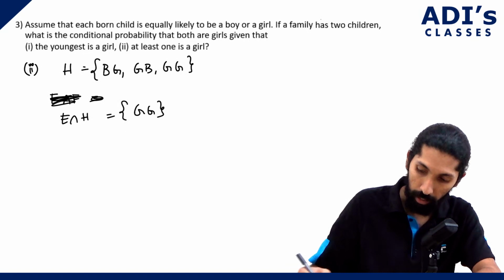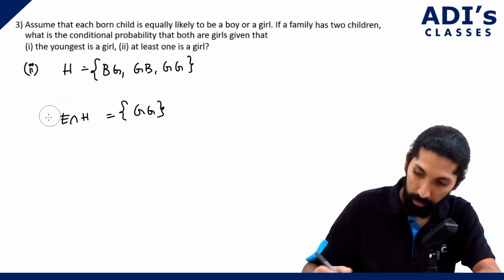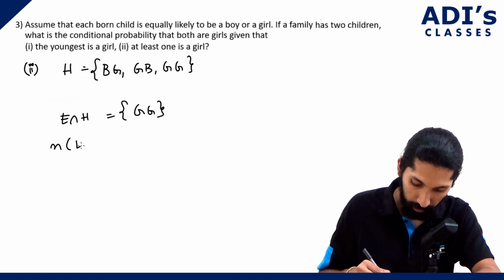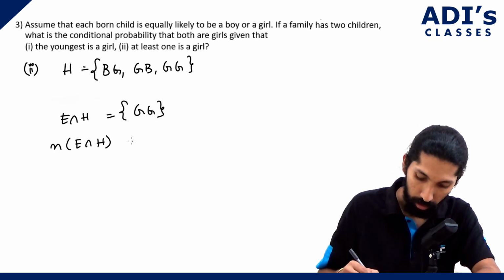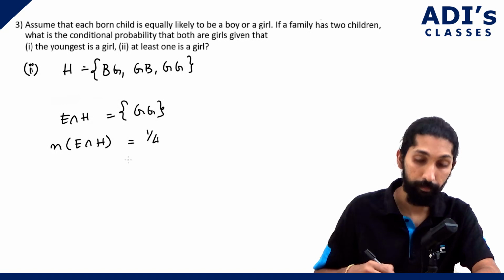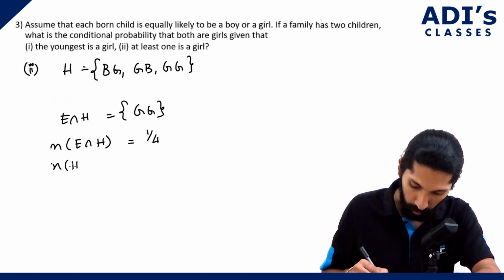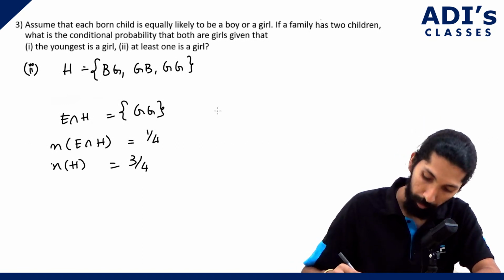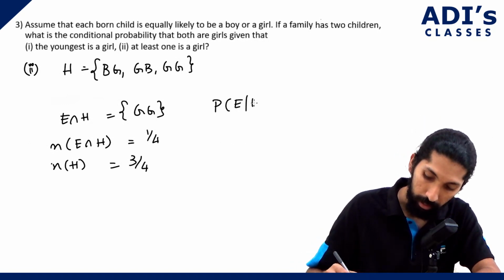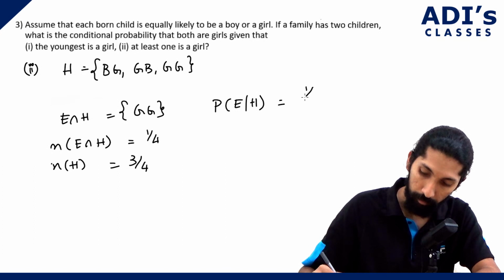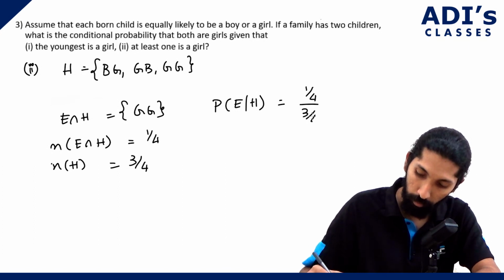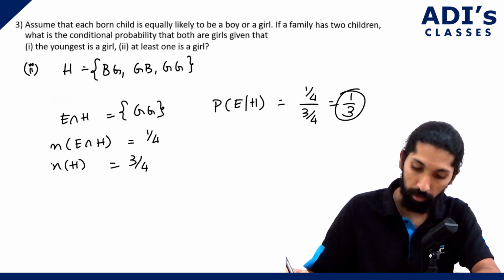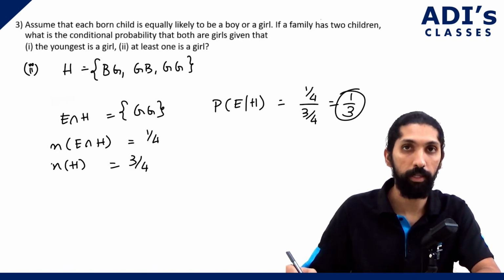So what we need to look at now is the value. P of E intersection H is going to be 1 out of 4 and P of H is equal to 3 out of 4, isn't it? So P of E given H is equal to 1 by 4 divided by 3 by 4, which is 1 by 3. So the answer for this particular question is 1 by 3.